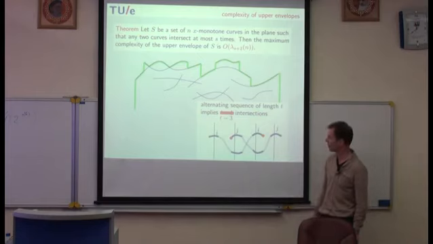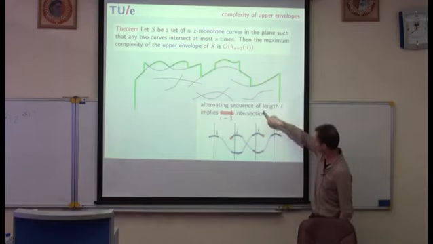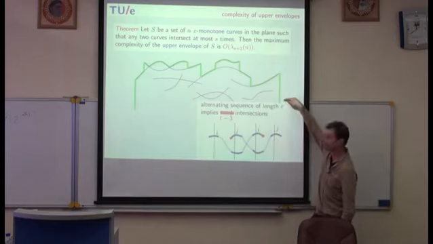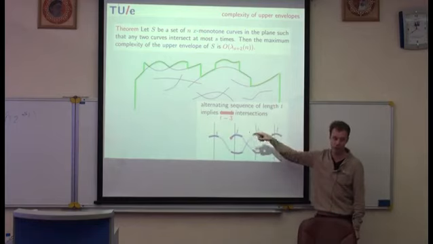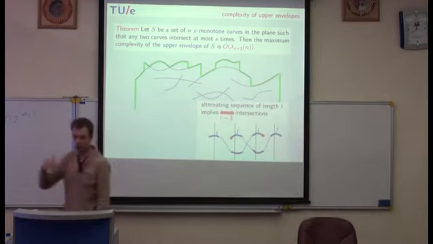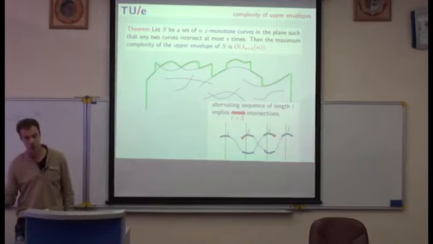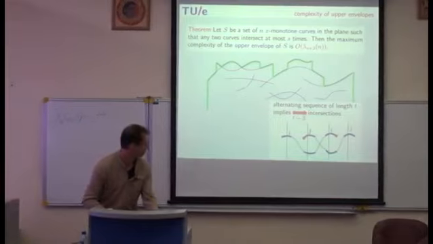You cannot have an alternating sequence of length s plus 4, because s plus 4 would imply s plus 1 intersections, which is not allowed. If you're not allowed to have an alternating sequence with s plus 4 symbols, then the order of the Davenport-Schinsel sequence is s plus 2.